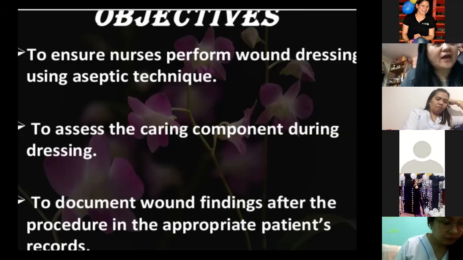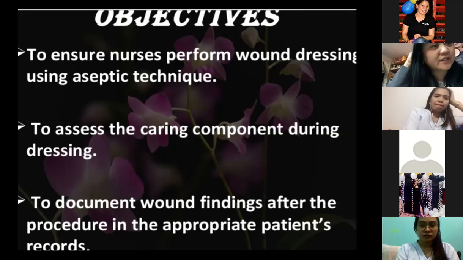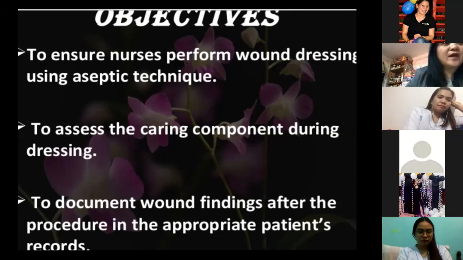Okay. And then we have now the objective for the wound dressing, which is to ensure the nurses, or sometimes the nursing aid is with us, perform the wound dressing using aseptic technique. This one we are assessing to care for the component of dressing.